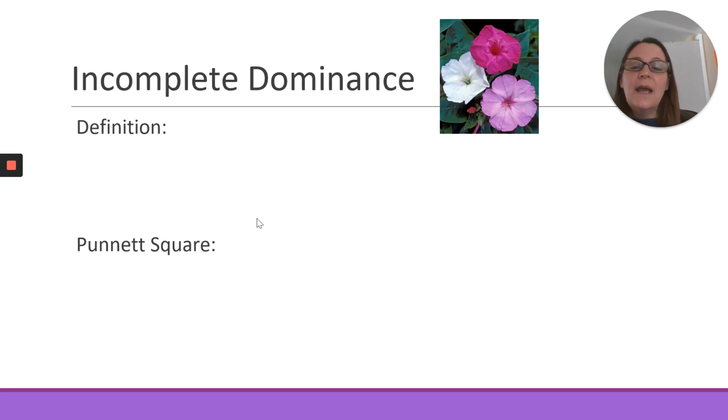Incomplete dominance. This is the reason why it's called incomplete. If you think about it, if you have one allele that's bright pink, this reddish color, or fuchsia, and then another allele that's white, if you were to mix those together, if neither one is completely dominant over the other, if it's only incompletely dominant, so kind of dominant over the other color, then you get a mix.